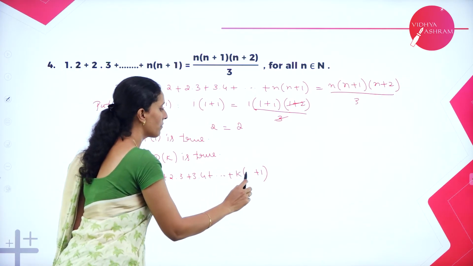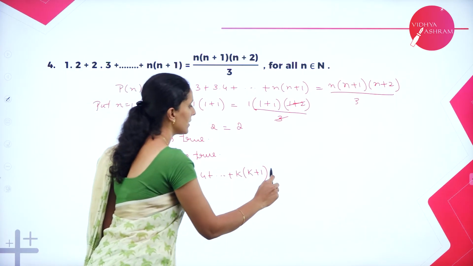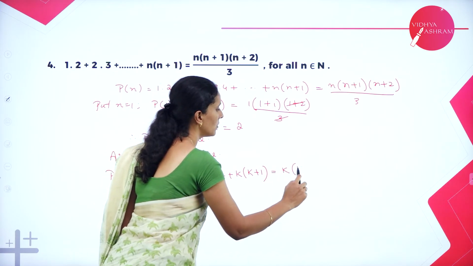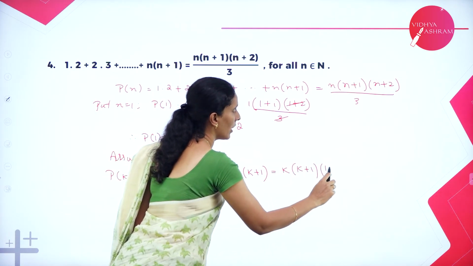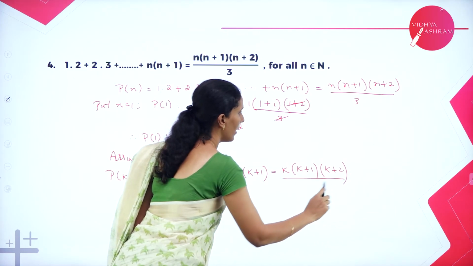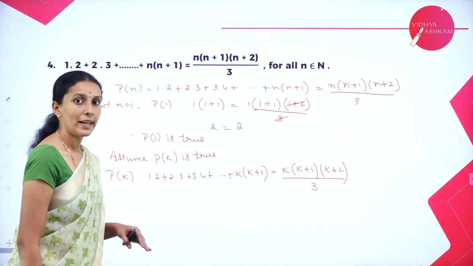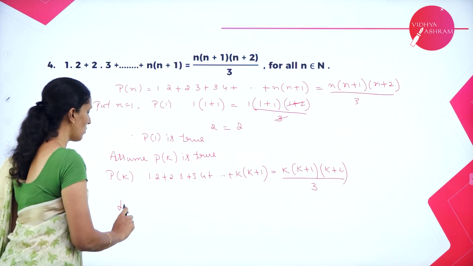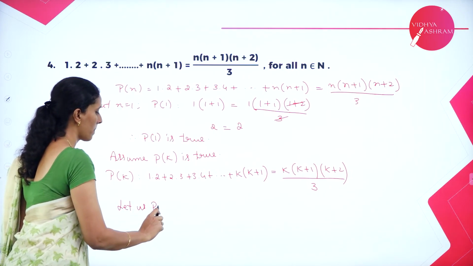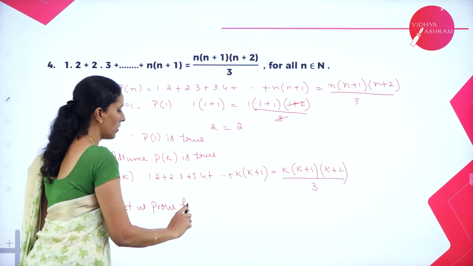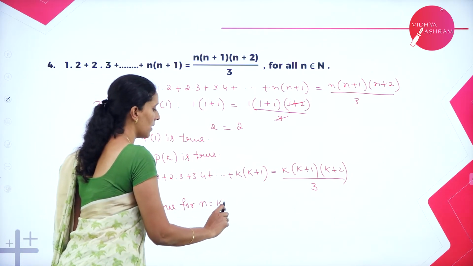So that is equal to k(k+1)(k+2) divided by 3. Now let us prove the result for the k plus 1 value, so let us prove for n equal to k plus 1.